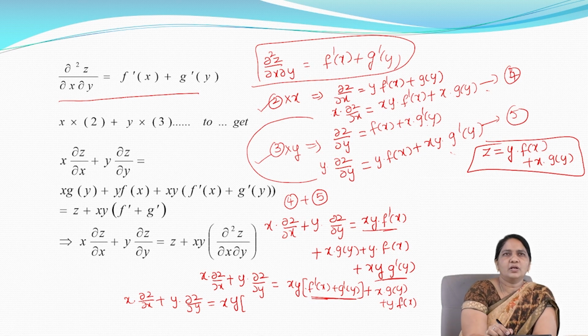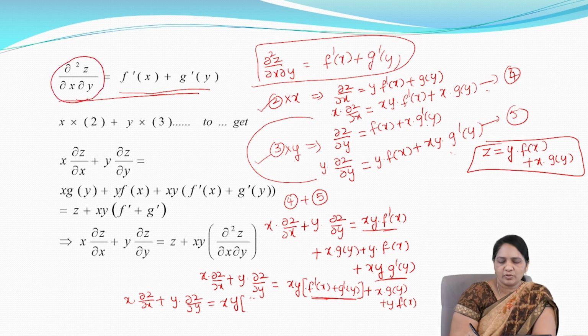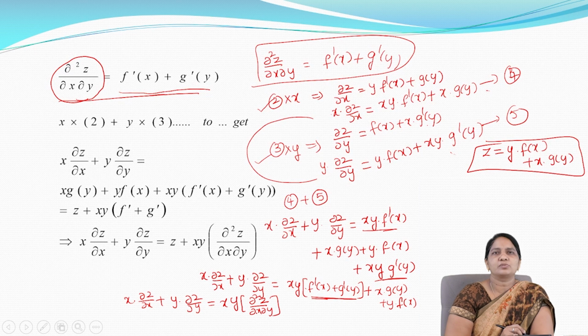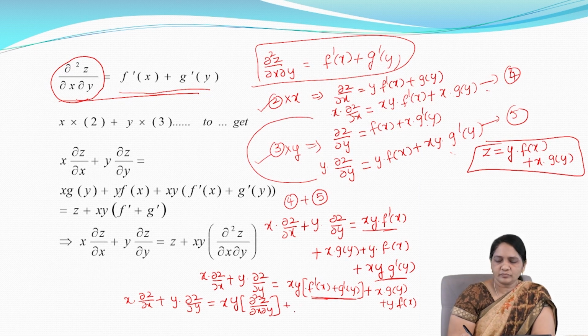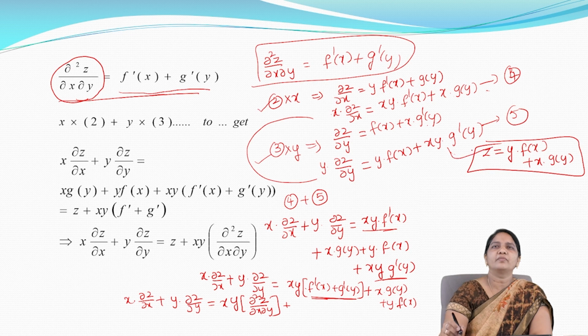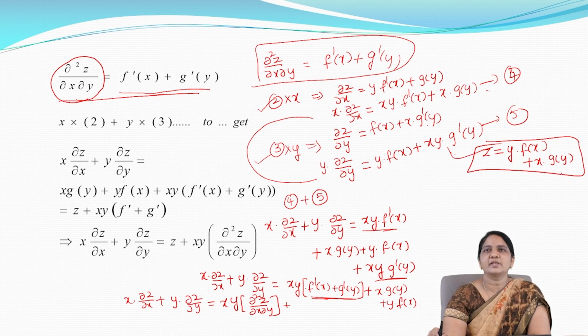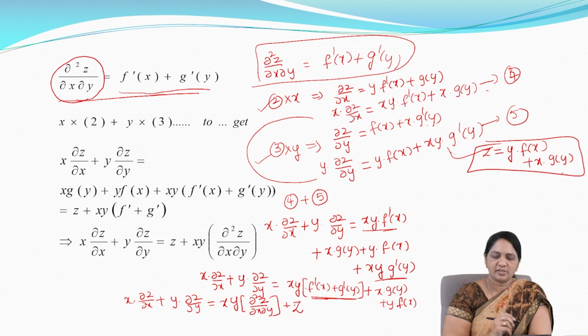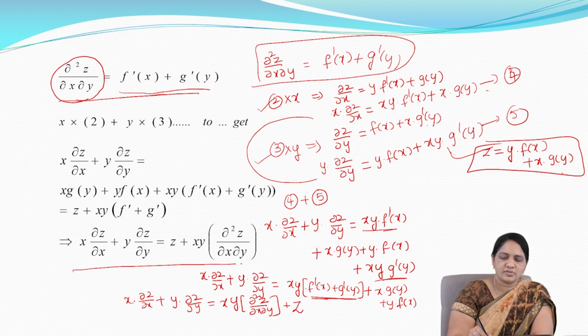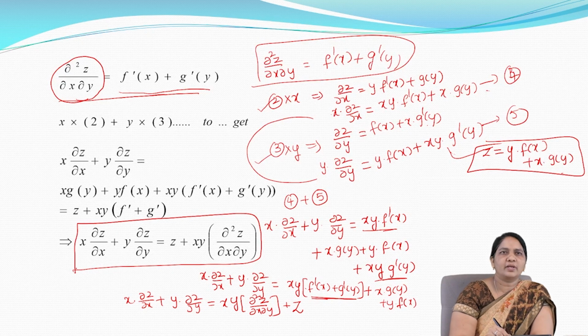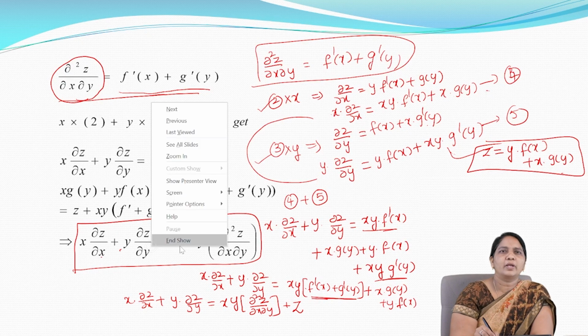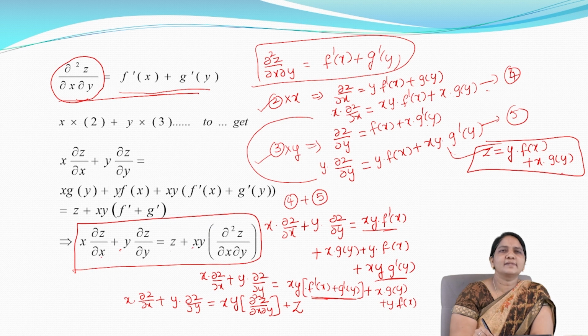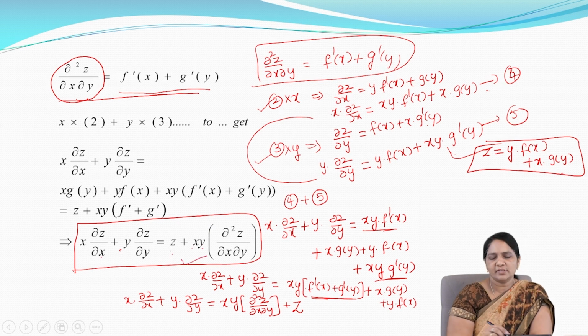I already got f'(x) + g'(y) equal to ∂²z/∂x∂y. So in that place I am going to replace it with ∂²z/∂x∂y, plus, from the given equation, y f(x) + x g(y) I can write as z. So finally I got this equation: x ∂z/∂x + y ∂z/∂y = z + xy ∂²z/∂x∂y.